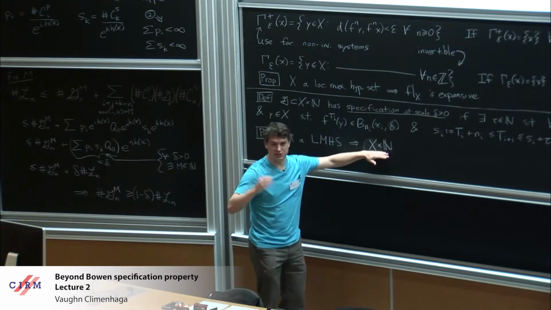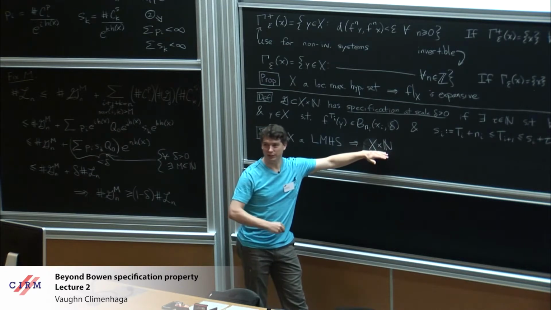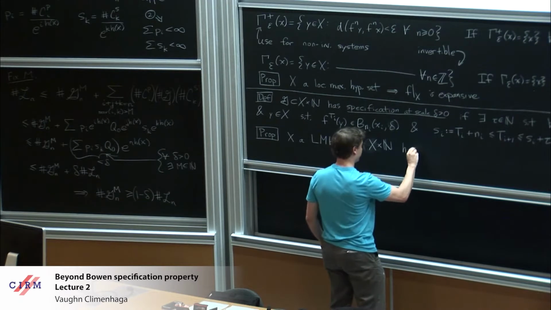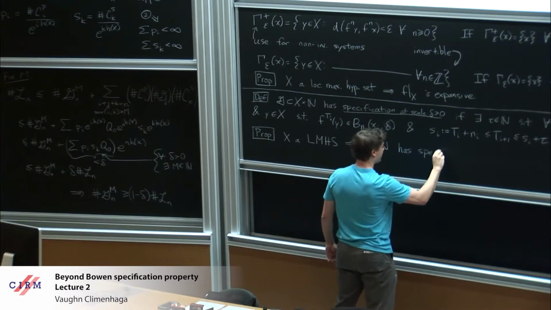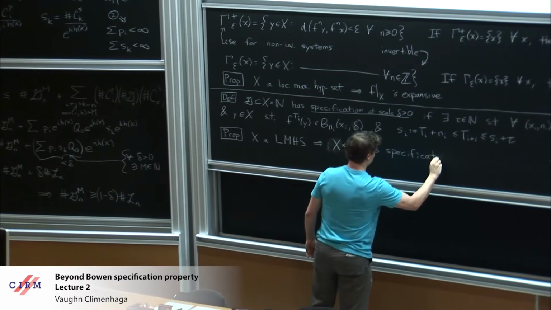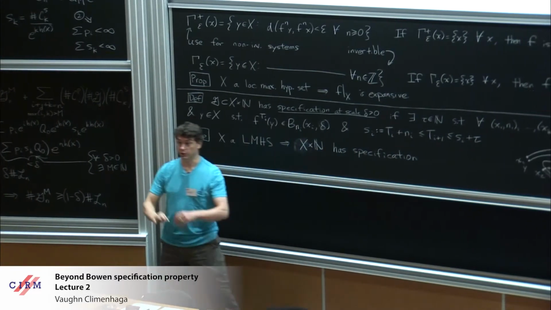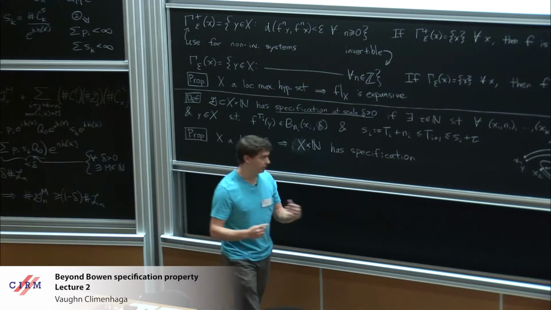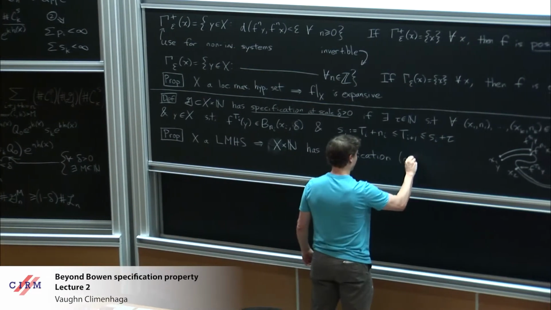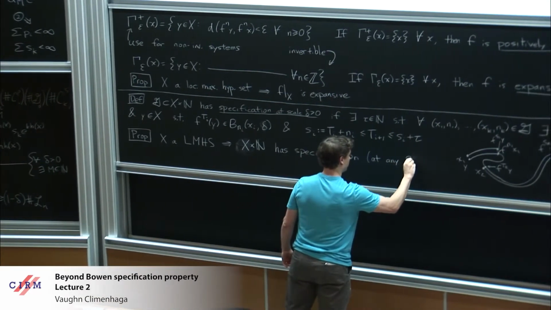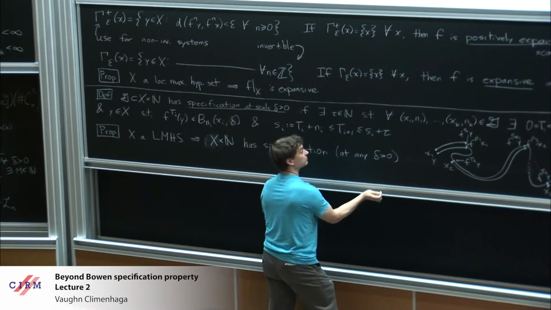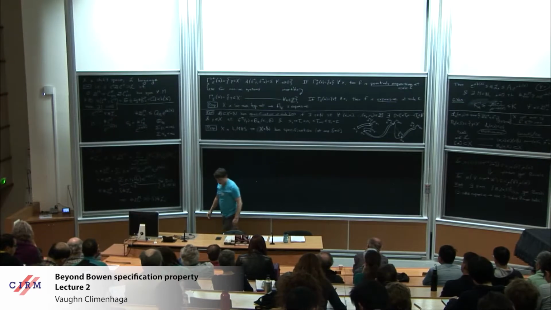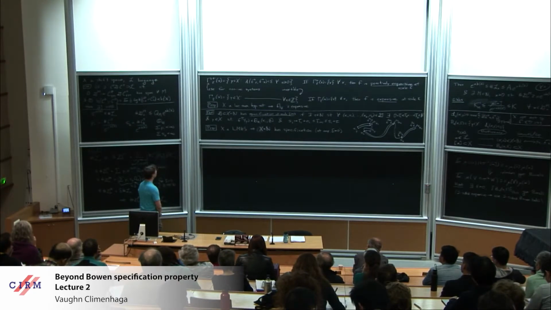If I consider the space of all finite orbit segments that lie in this set, then it has specification at any scale. So if I simply say that a collection of orbit segments has specification and I do not specify a scale, then what I mean is that it has it for every scale. So let me simply draw the cartoon.